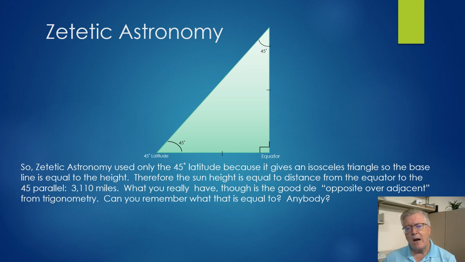So this is the triangle that he's talking about. When he talks about two triangles, he's talking about a mirror image triangle for the southern hemisphere.